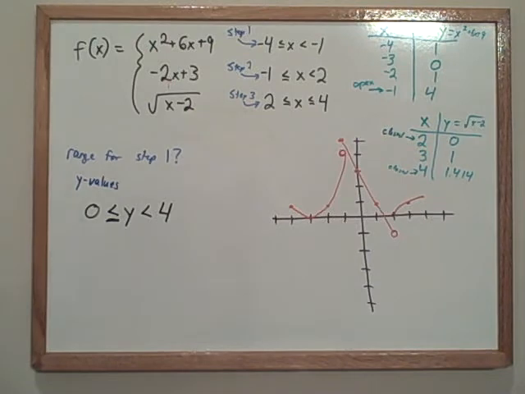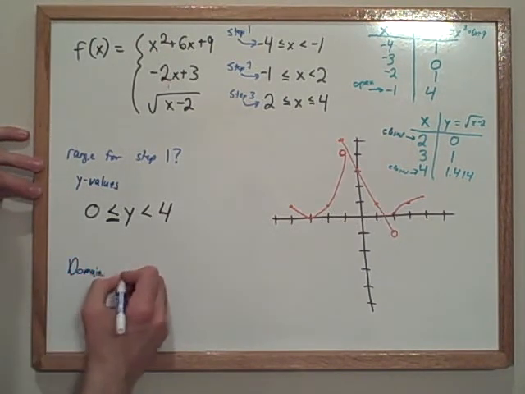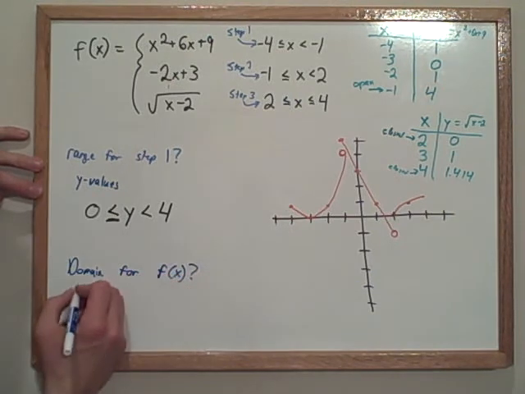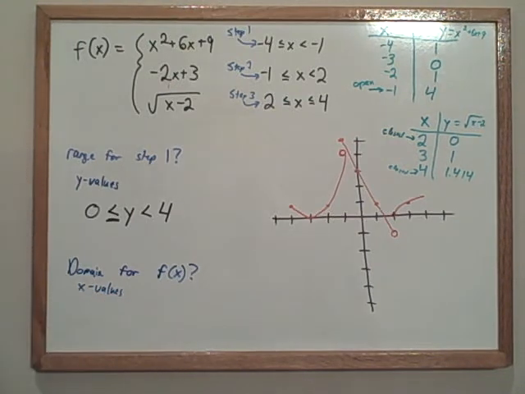Okay, the next question says, what's the domain for the entire function? So the domain for f of x, and of course the domain is going to be the x values. So we need to see what x values are represented on this function. And there's a couple ways of doing it. We're going to look at the graph.